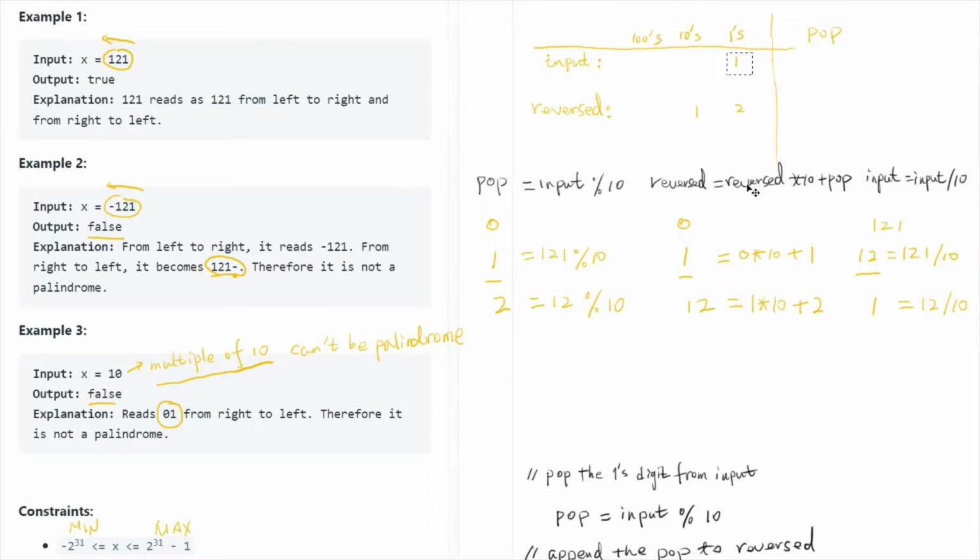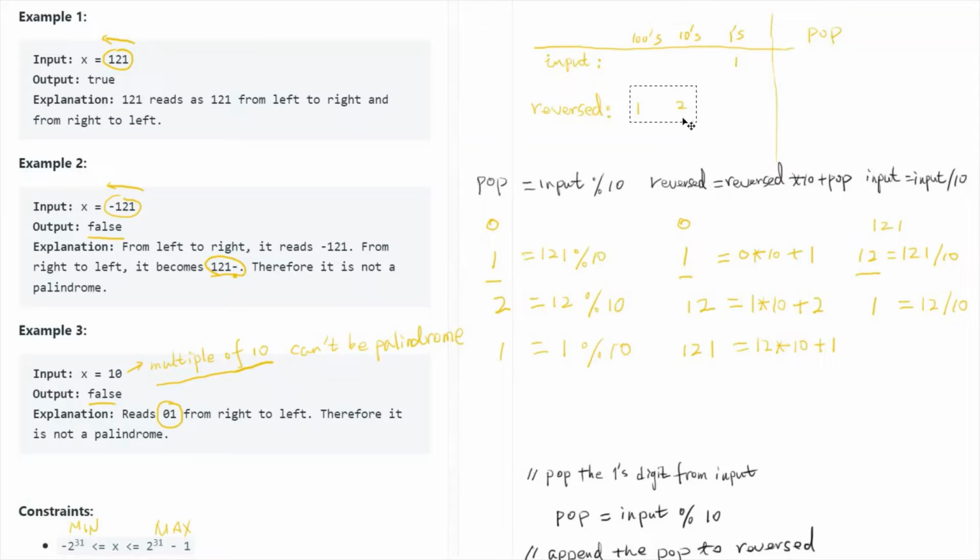Now it comes to the last iteration to move the 1 from the input to the reversed. First we calculate the pop equal to input, which is 1, mod 10. It gives you 1. Reversed equals the current value of reversed, which is 32, times 10 plus the value of pop, which is 1, equals 321.